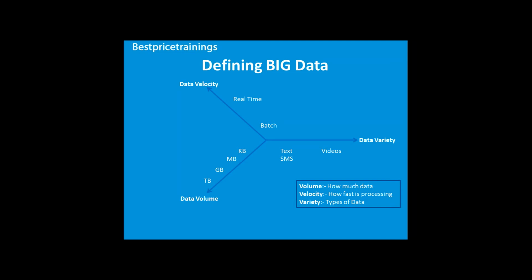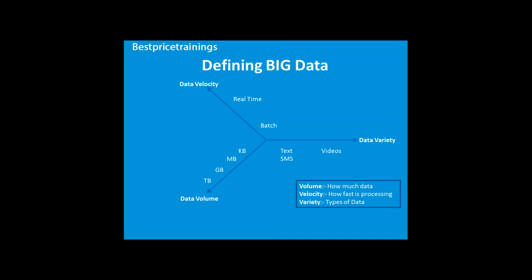Data volume relates to how much data you are going to store in your storage devices. If we trace back some years, we had data in KBs, then we moved to GBs, and now terabytes of data is very common today.